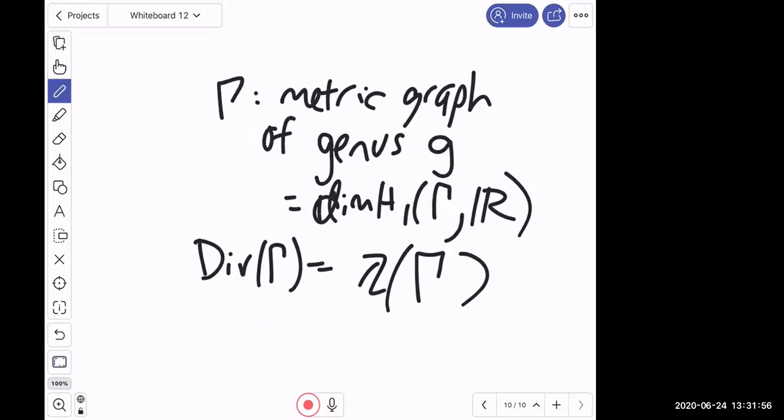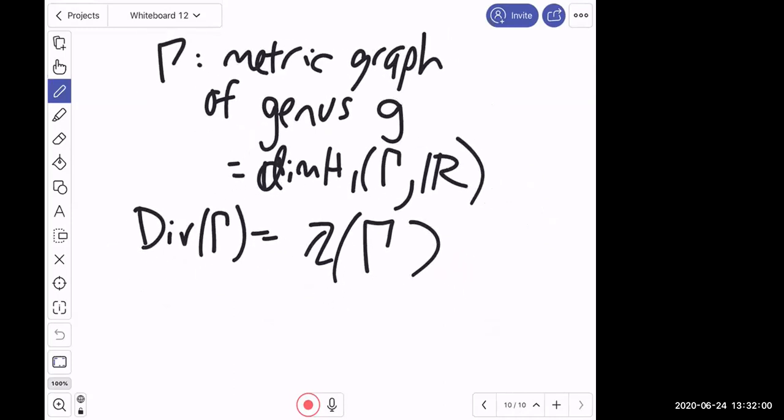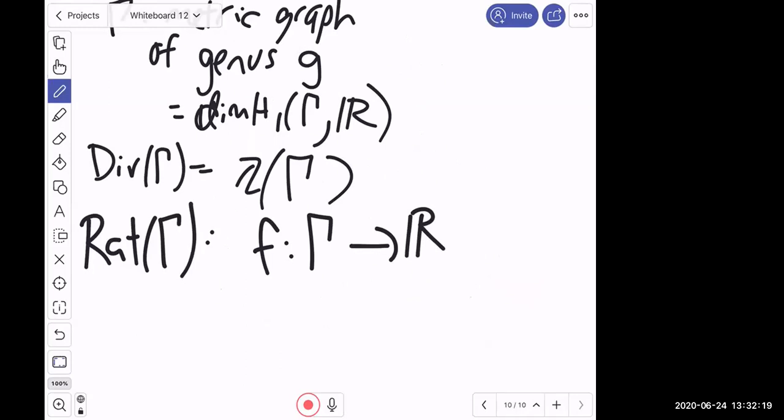So in other words, just like divisors on a Riemann surface, or the free abelian group on the points of the Riemann surface, you do the same thing here. And now what's a rational function? So I'll call this gamma rational functions. A rational function is a map from gamma to the real numbers, but it should have some properties.